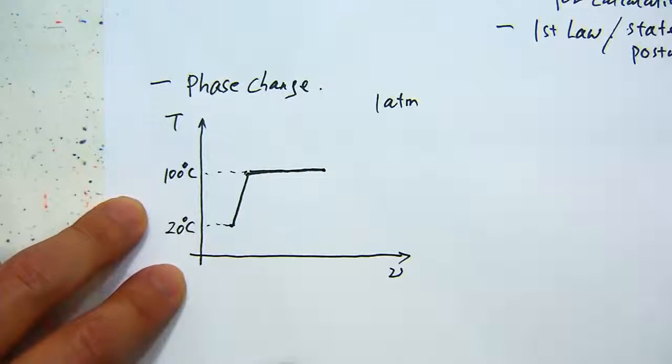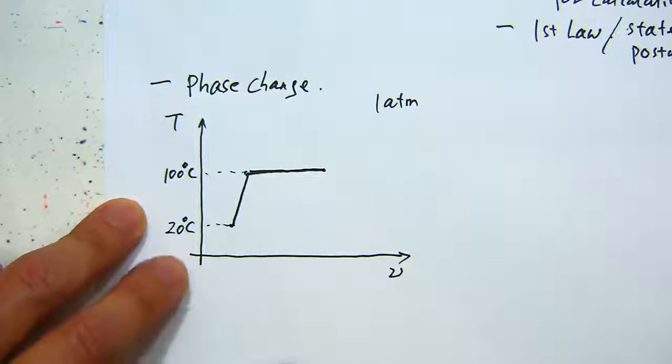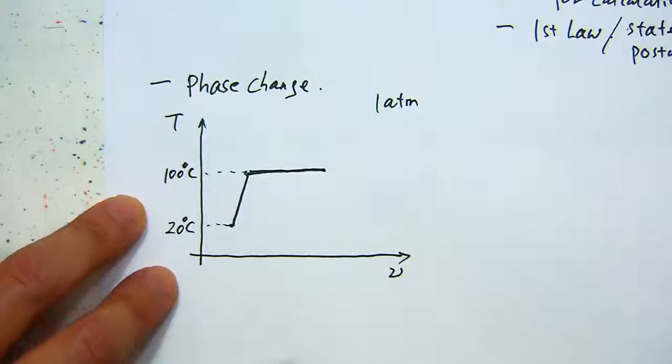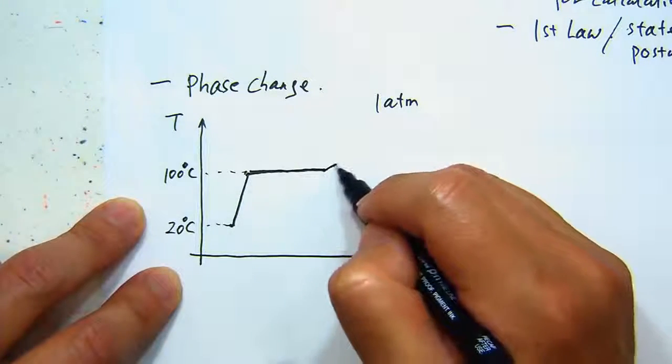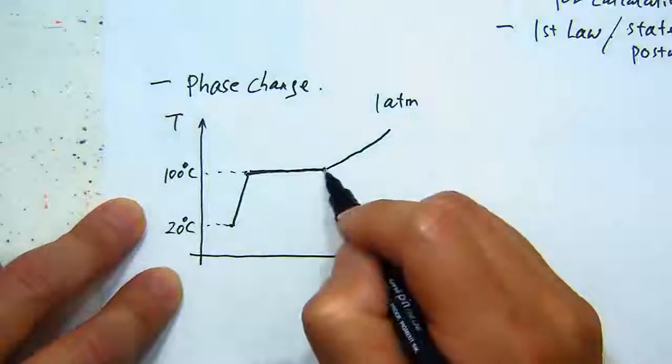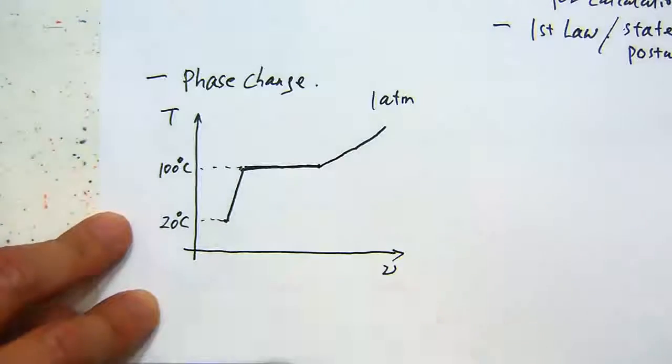So how should I draw the next step in terms of temperature versus volume? It will be more or less like a gas. So it will be similar like this, but with a gentle slope, because in that case the volume will go up at a much higher rate compared to the liquid phase.